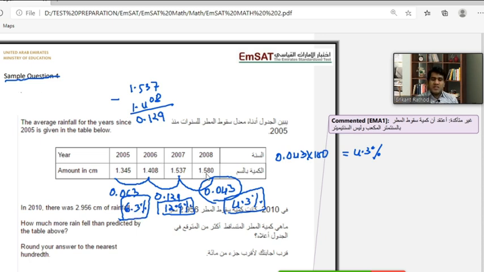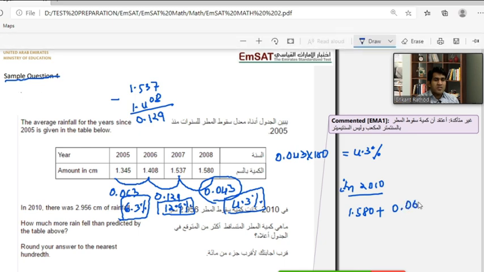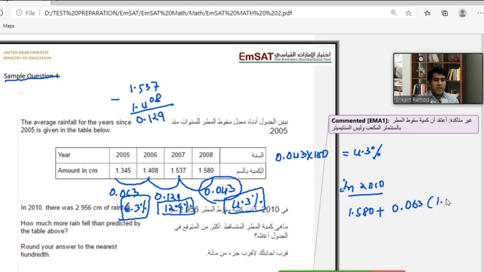So in the previous year 2008, the rainfall, as they mentioned, is 1.580. For 2010, your rainfall increases as 1.580 plus 6.3% of that value, because it is increasing, right? 6.3% can also be written as 0.063 times that value, 1.580.